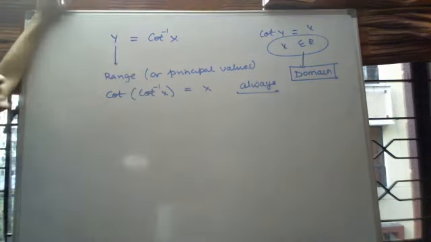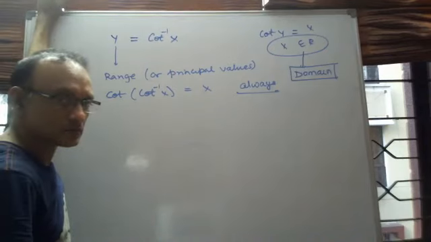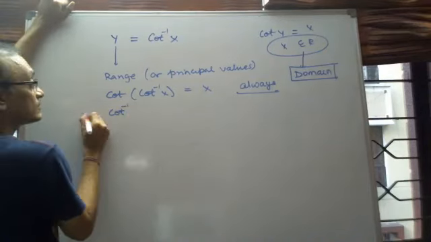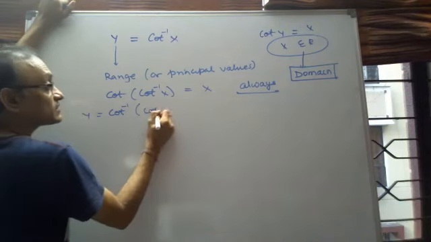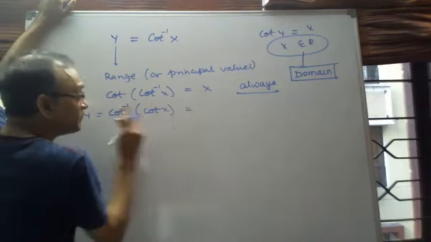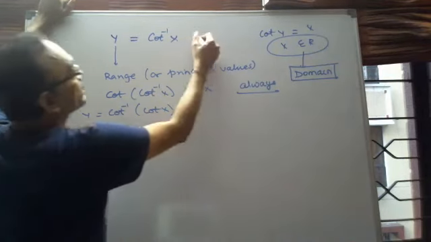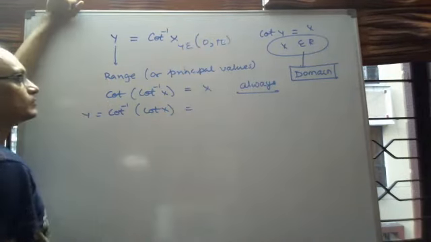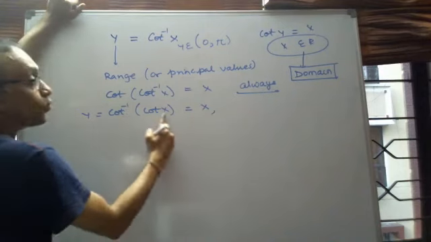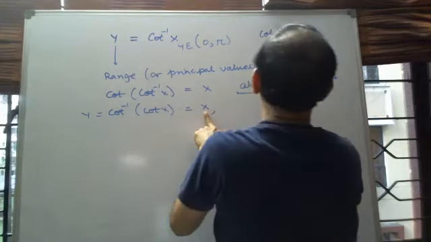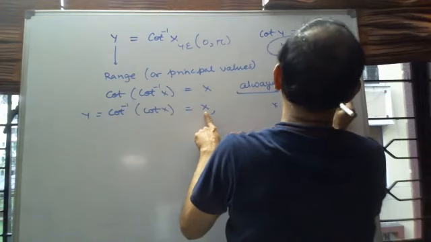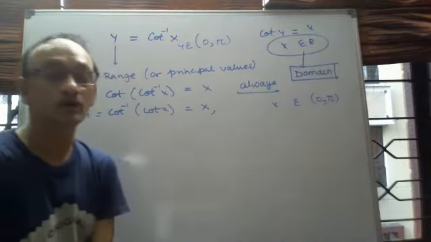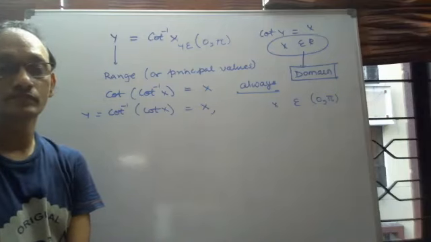But cot inverse cot x, cot inverse should produce an output in the interval 0 to pi. So this will be x only when x belongs to 0 to pi, open interval. Otherwise, not.